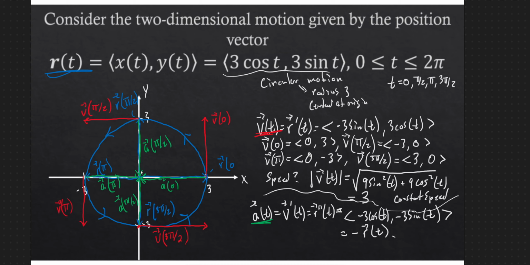So from any point on the curve, it points towards the origin. There is some more to talk about here. In particular, notice that position and velocity are always orthogonal to each other, and then acceleration and velocity are also orthogonal to each other because acceleration is parallel to position. So this definitely has some special properties.